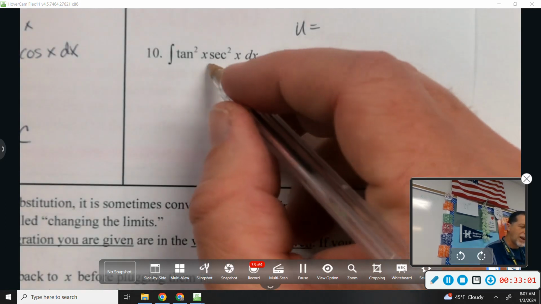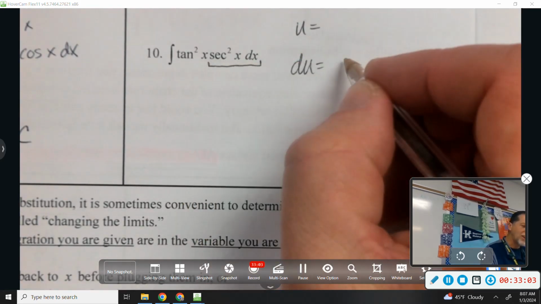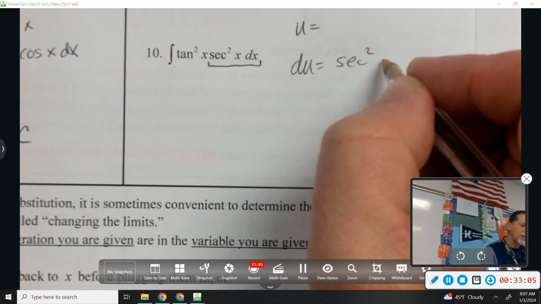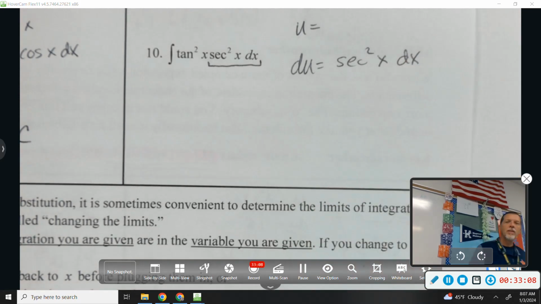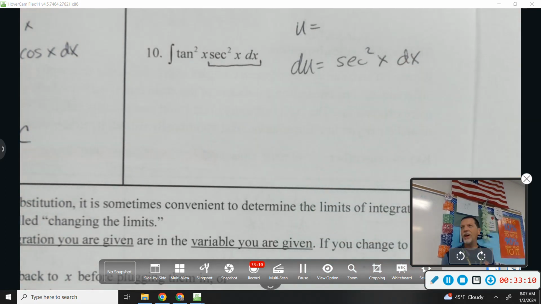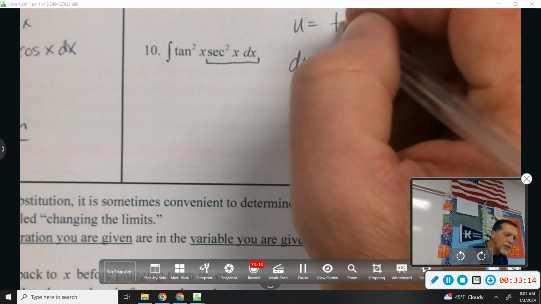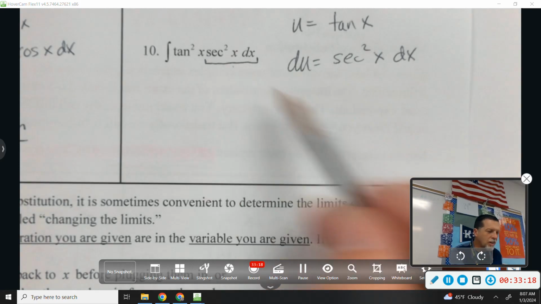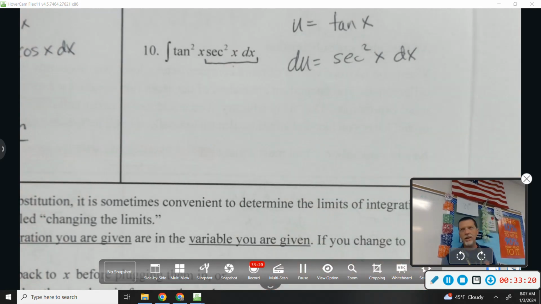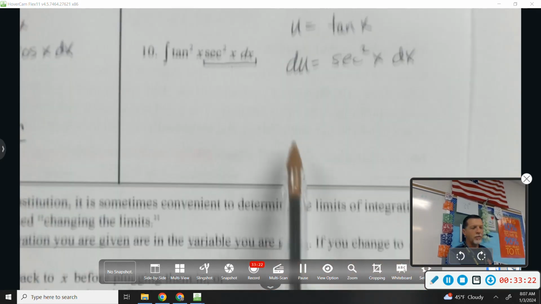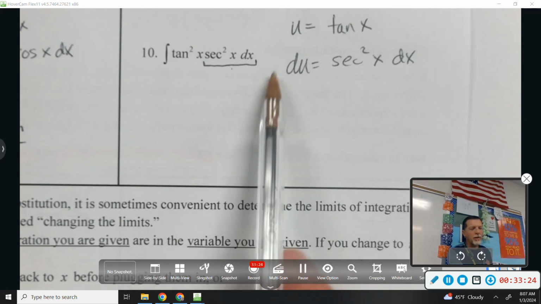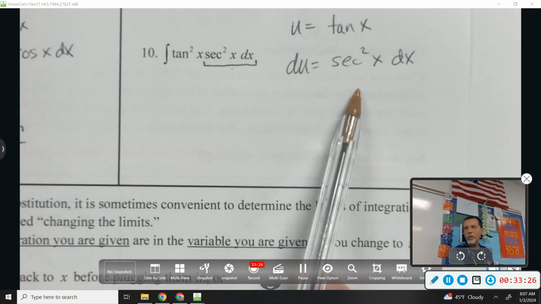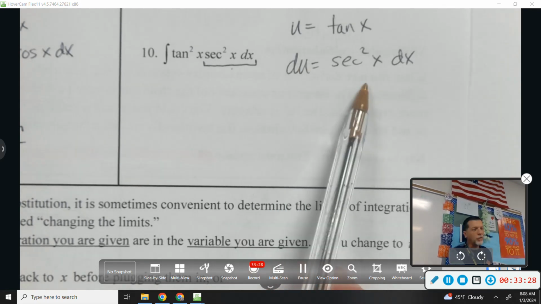But I do recognize that secant squared, I'm kind of working this one backwards. What's secant squared the derivative of? Tangent. So if I let u be tangent of x, then that whole second part there is my du. This goes with what I said earlier about you pick u so that du shows up, but you don't really know du until you pick u.